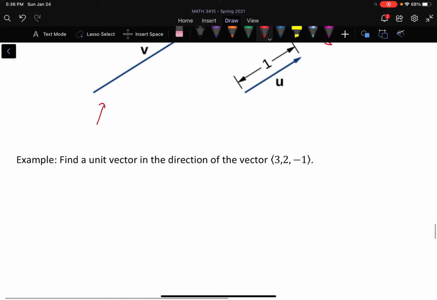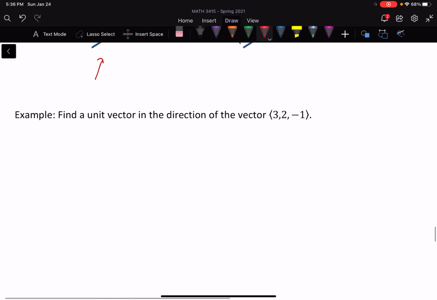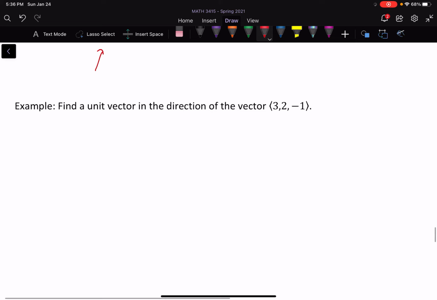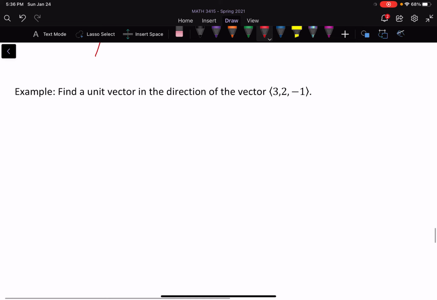What we want to do here is find a unit vector in the direction of the vector 3, 2, negative 1. This one's kind of messy, but that's fine. Some of the ones in the homework are going to be messy too. Whenever I'm trying to turn a vector into a unit vector, what I want to do first is find the magnitude of the vector, because to turn it into a unit vector, we multiply by the reciprocal of the magnitude.